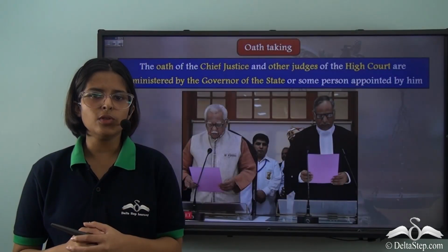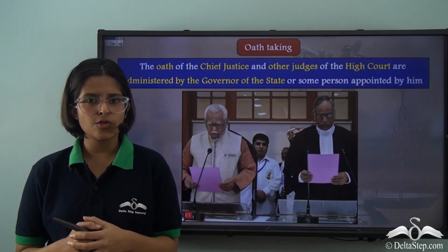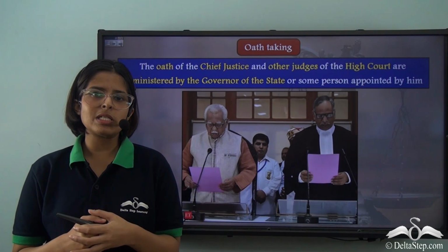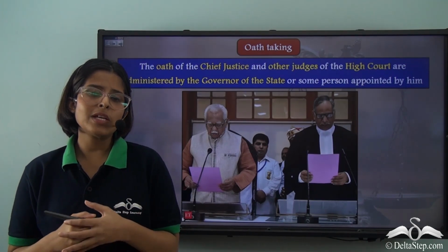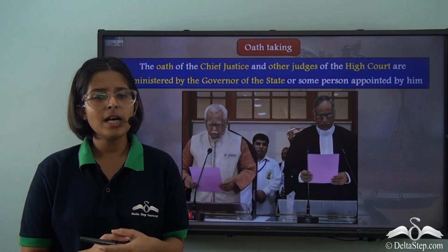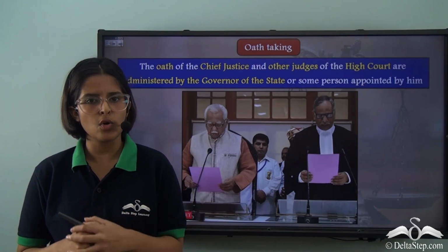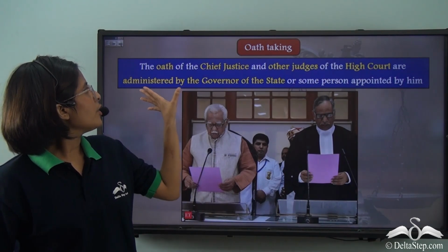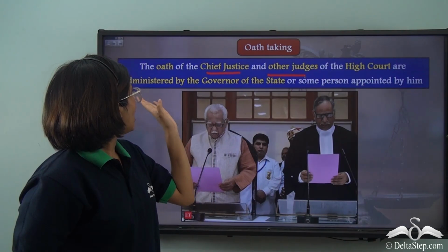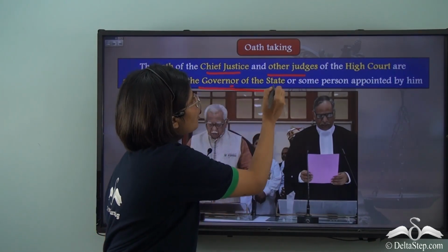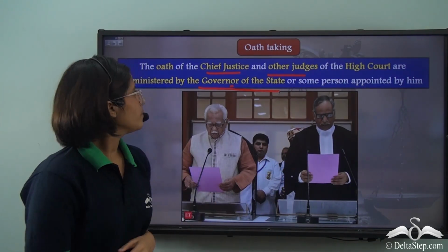The judges of the High Court have to take an oath to bear true faith and allegiance to the Constitution, to carry out his responsibilities and provide justice without being partial, that is, without any fear or favor, and he has to uphold the Constitution and the laws that are enshrined in the Constitution. Now, the oath of the Chief Justice and other judges of the High Court is administered by the Governor of the state or some person appointed by the Governor.